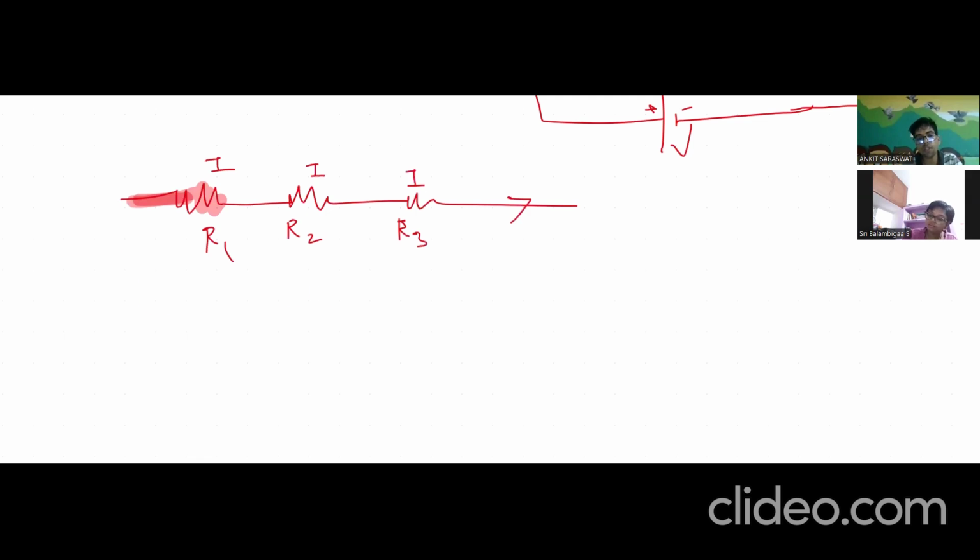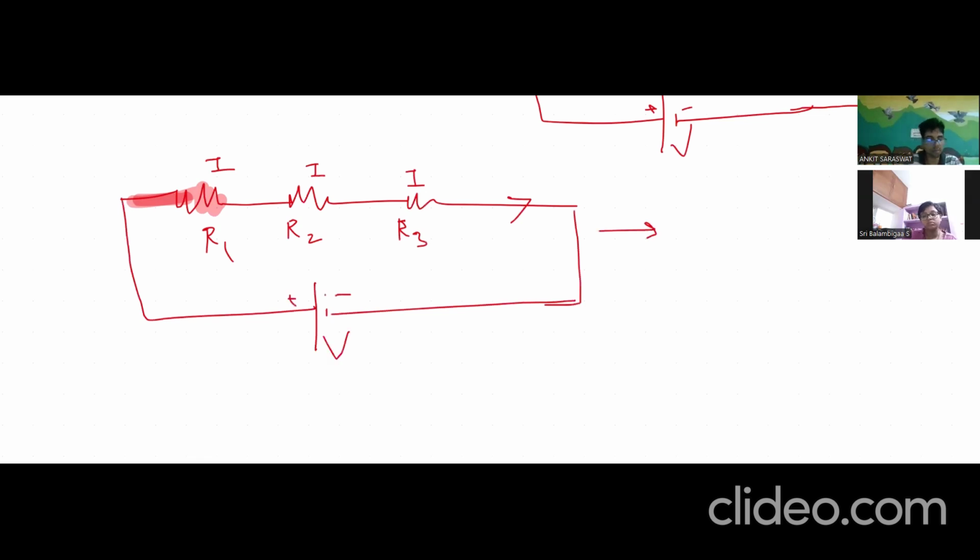In series combination, current is the same. But voltage is not the same. Across R1 the voltage is V1, here V2, here V3. V is not the same.